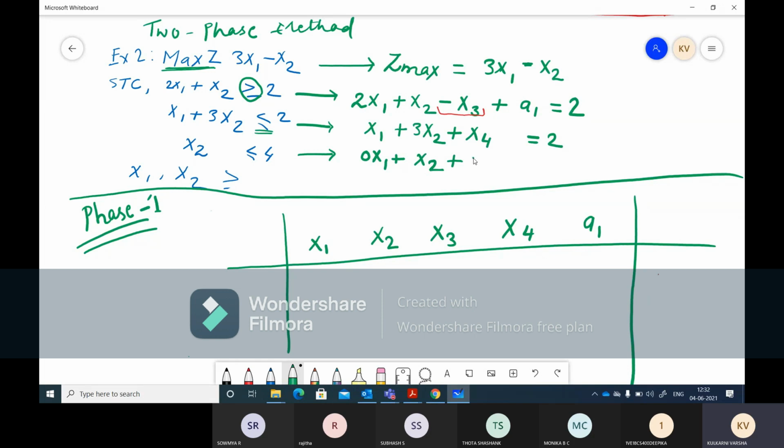X1 plus x2, here it is a slack variable, so it will come as x5 is equal to 4, right? So we'll have x5 also: x5 and a1, RHS and then theta.